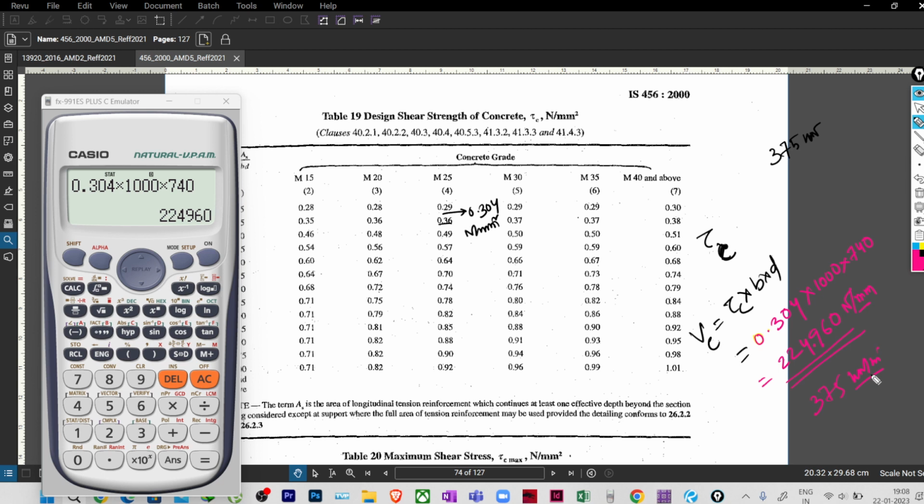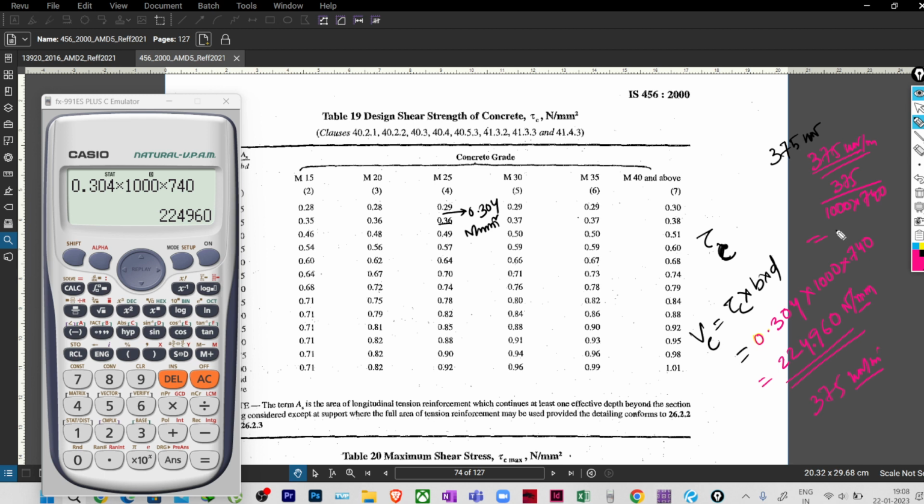I think I have not made any mistake here. For 0.17%, we are getting the design shear strength as 0.304, right? The other way you can do that: we have got the shear force as 375 kilonewton per meter. Okay, so this 375, if we divide it by our area 1000 multiplied by 740, then how much will we be getting?